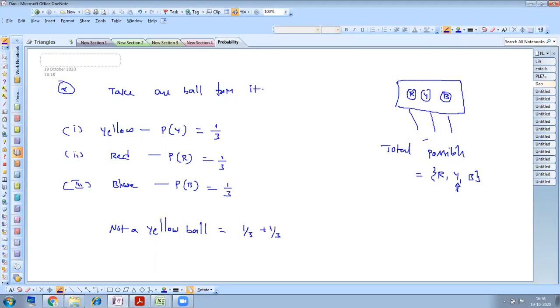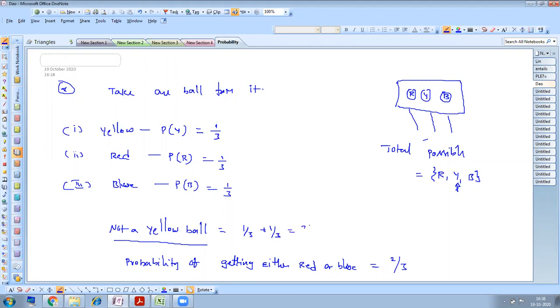Because I don't want yellow, so your chances are more here. Indirectly, not a yellow ball means the probability of getting either red or blue. It may be anything. That's the reason there are two possibilities out of three.